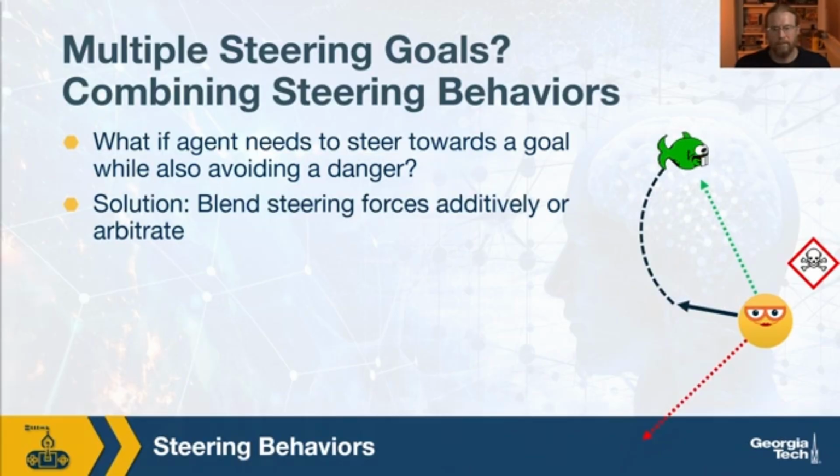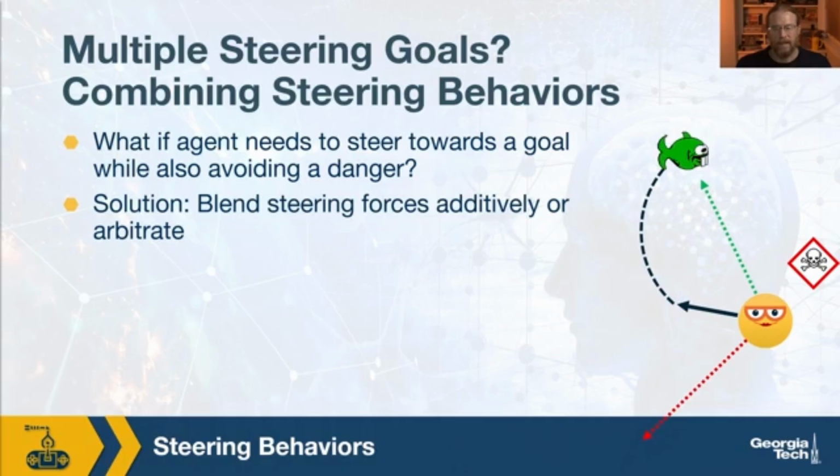So maybe each has a contribution that is not the total length of the vector, but maybe some fraction of the vector that's added. But in the figure shown here, we see the agent trying to get away from a danger, but also trying to get towards our goal, the fish.